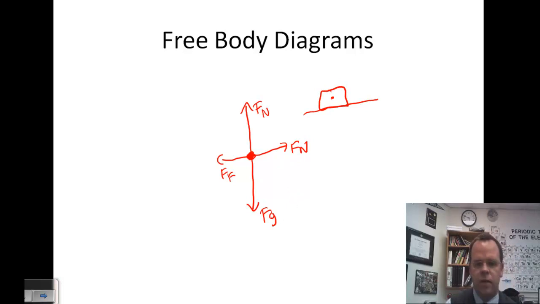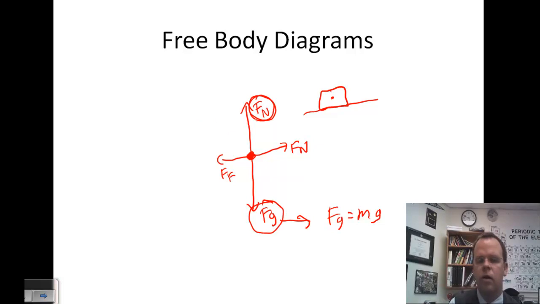Now, a couple of key things to remember here before we get into solving problems. Remember, Fg equals mg, and if we have something sitting on the surface, it's not accelerating up and down, so the force of gravity down and the normal force up will be equal. So if I can find the force of gravity here, I know my normal force, and then I know the force of friction is the coefficient times that normal force.